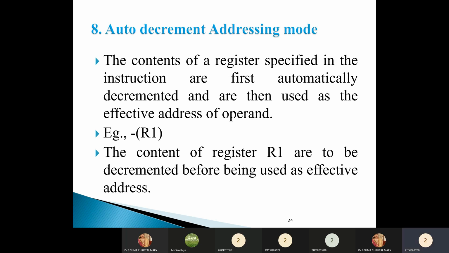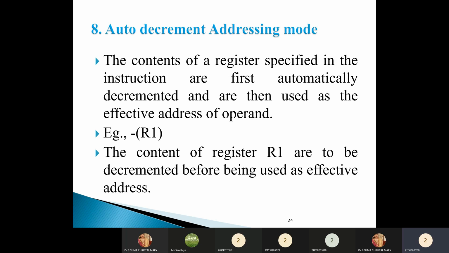Next one, auto decrement addressing mode. Auto decrement mode is like register deferred mode and like auto increment mode, in that at runtime the address of an operand is contained in a register. However, with auto decrement mode, the contents of the register are decremented each time the instruction is executed.